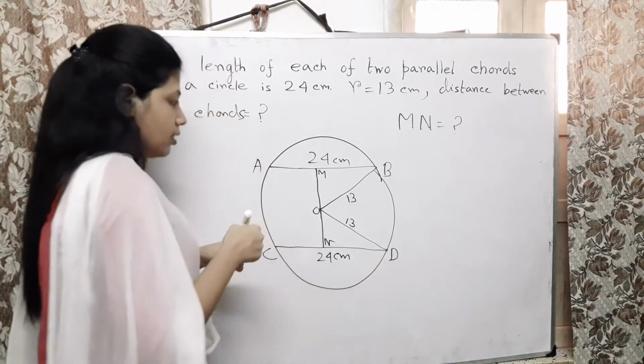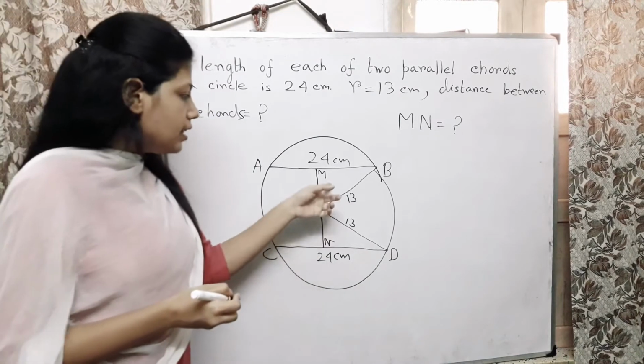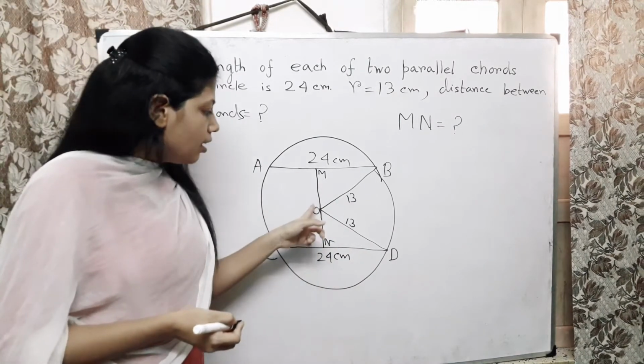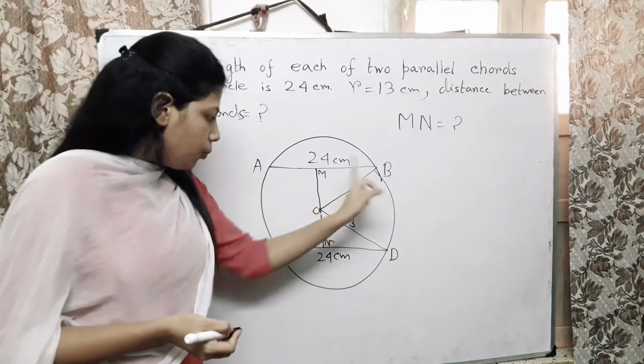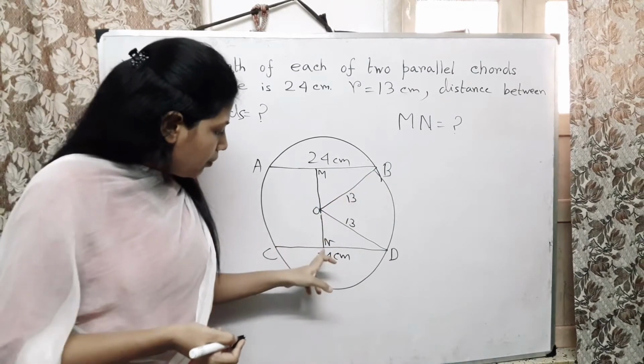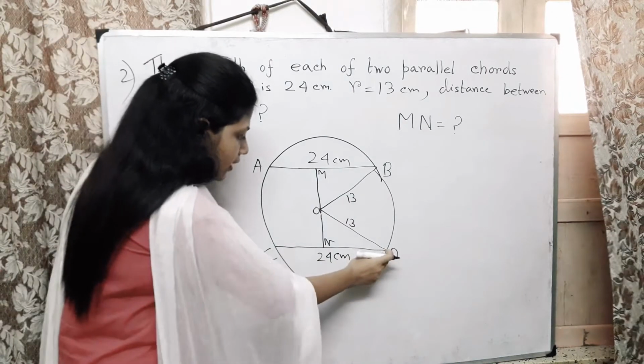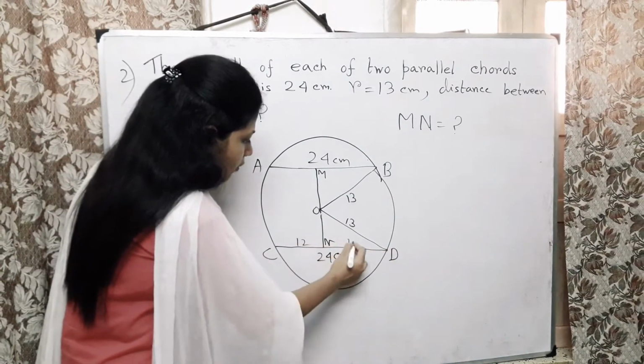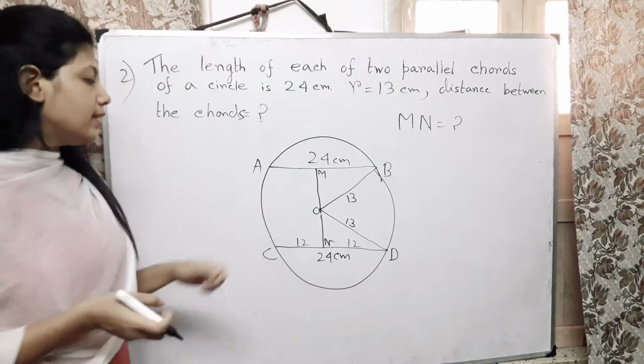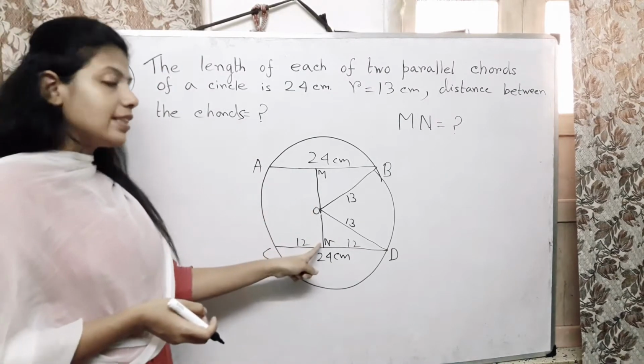Why? Because in case of both the triangles, OD equals OB. The whole chord CD is 24, so we can say this one is 12, because we know that the perpendicular from the center bisects the chord.